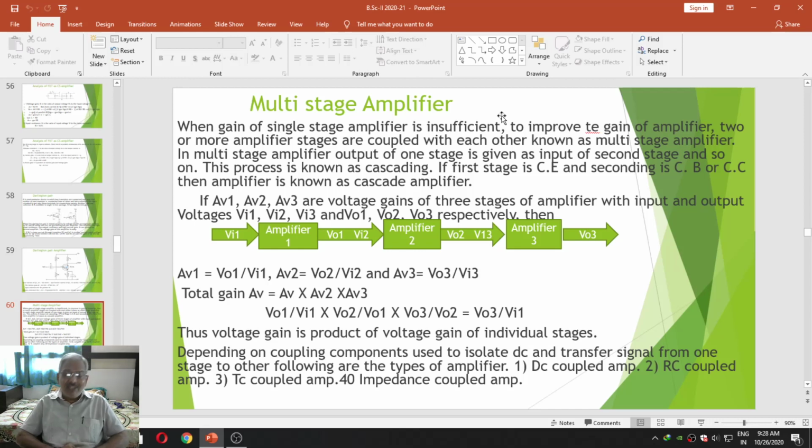Especially when two common emitter amplifiers are connected with each other, or two common base amplifiers are connected with each other, that method is called cascading of amplifiers. And suppose one stage is common emitter and another stage is common base or common collector, and those stages are connected with each other, then that process is called cascoding. That is a difference. But anyway, there is a result of formation of multi-stage amplifier.